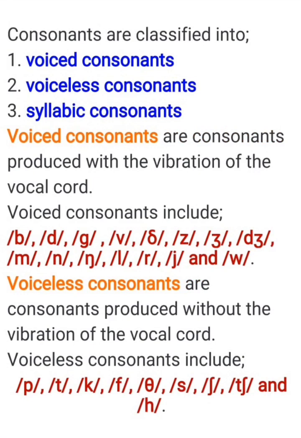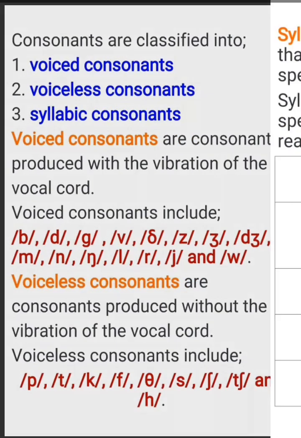And so the difference between voiced and voiceless consonants is that when producing voiced consonants, there is vibration of the vocal cord, and we have about 15 voiced consonants in speech. Then when producing voiceless consonants, there is no vibration of the vocal cords, and we have about 9 voiceless consonants that exist.